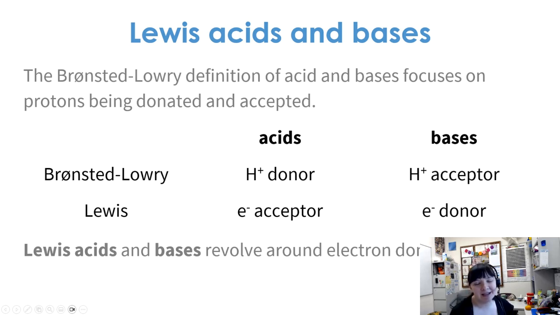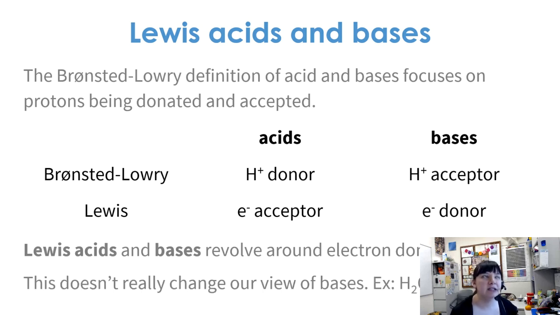If a Lewis acid is an electron acceptor, that means a Lewis base is an electron donor. If a Lewis acid is an electron acceptor, a Bronsted-Lowry acid is a proton donor. So both the charge and the giving or taking flip as well. Just helpful to have these little tricks. But again, based off of this definition, we can see some crossover with what we were already defining as an acid or a base.